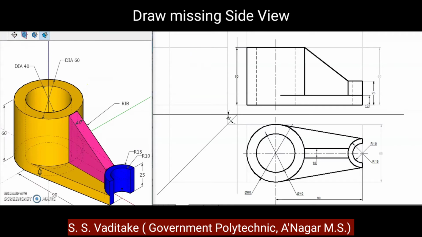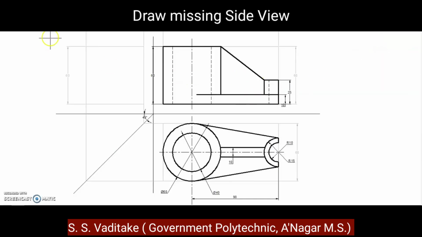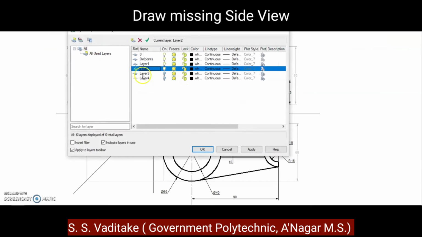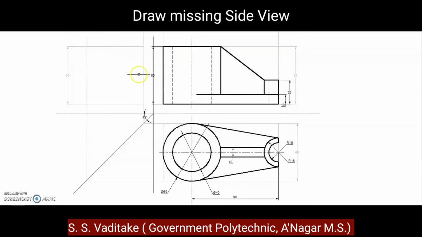So we'll start to draw the side view. First consider this portion. This is the semicylindrical portion, it's a center point.